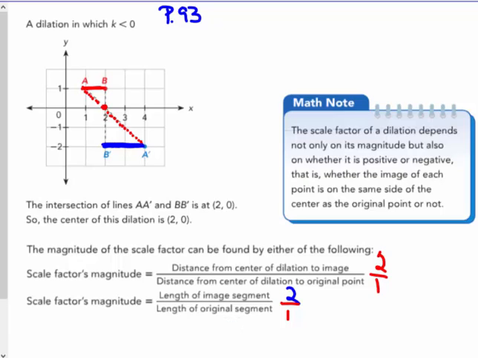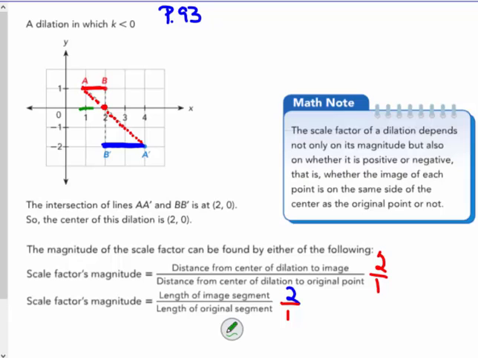So I can see that the image A prime, B prime is twice as big. The scale factor of a dilation depends not only on its magnitude, but also on whether it is positive or negative. That is, whether the image of each point is on the same side of the center as the original point or not. Okay, so same side of the center.